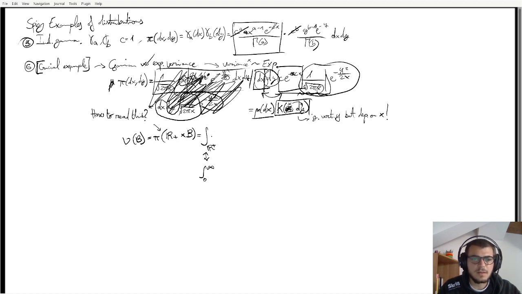So the integral over R plus of all this thing right here, excluding the marginal of x, if I am correct. So it should be 1 over square root of 2 pi x, exponential of minus y squared over 2x, dx. No, I was joking, the y.